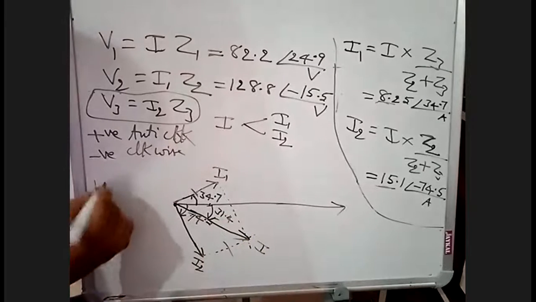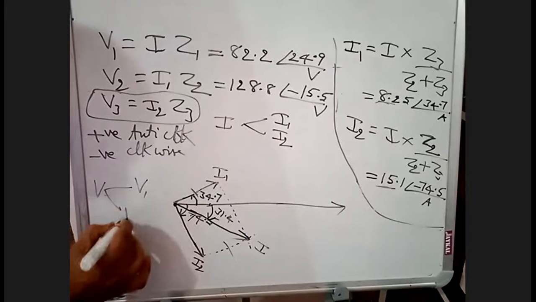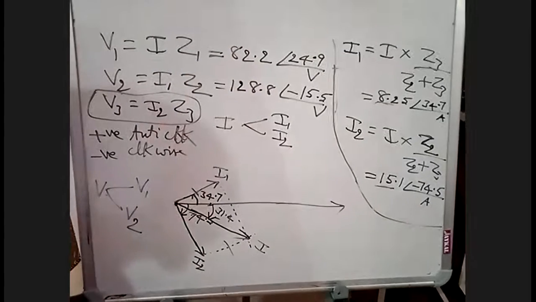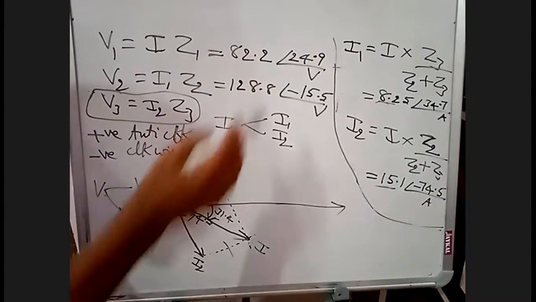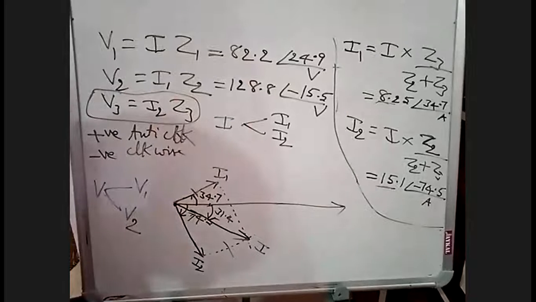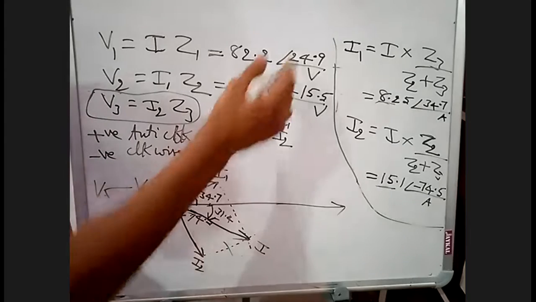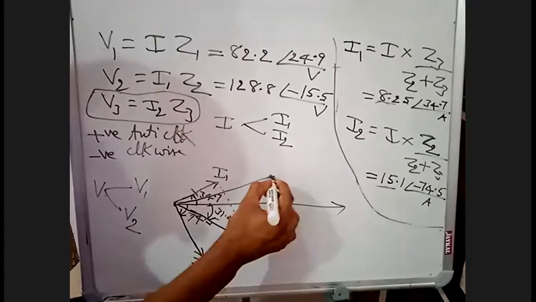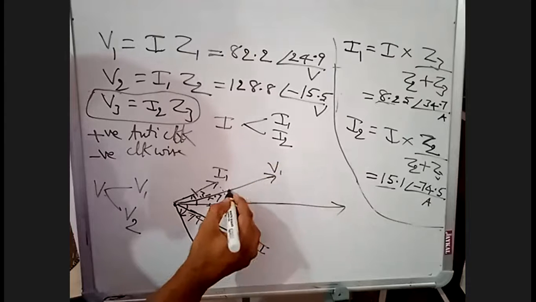V is the resultant of V1 and V2. What is V1? What is the angle? 24.9, in the anti-clockwise direction. This is V1.